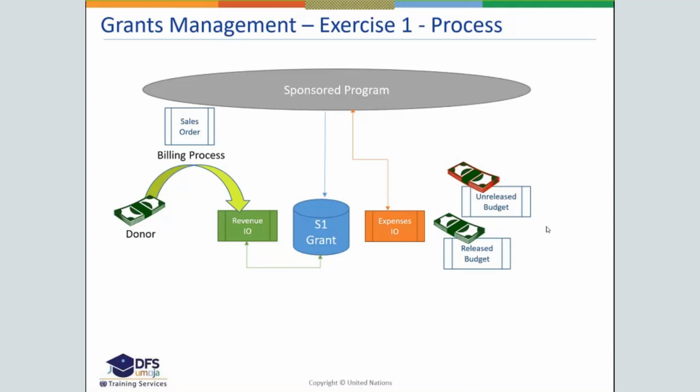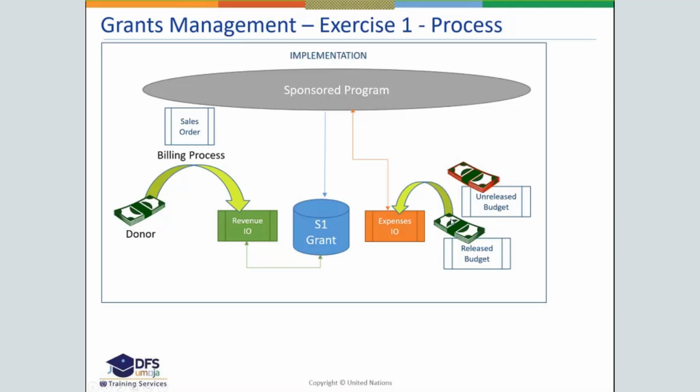Okay. So once we have the expenses internal order in our system, we will release this budget, and this budget will be ready to be consumed. So this is what we are going to do in our system, all this process, from the creation of the master data to the release of this budget. Let's call it the implementation of the agreement or the grant.